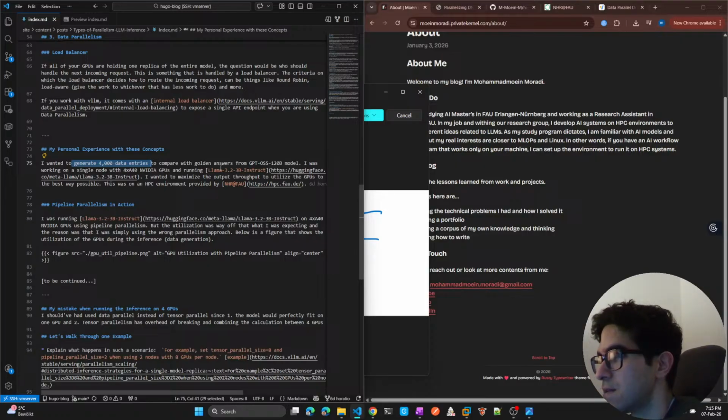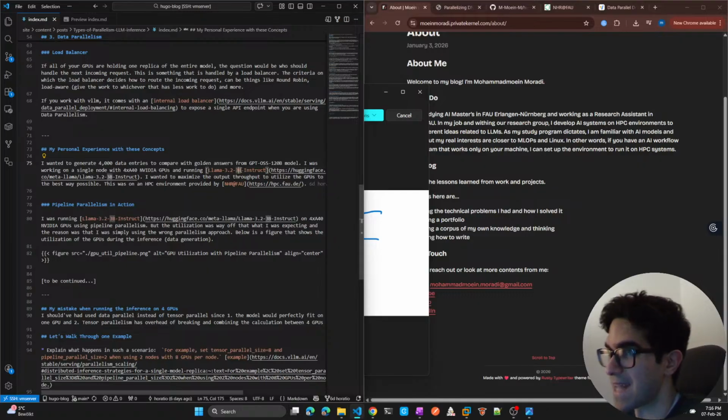Of course, you can't really compare a 3 billion parameter model to 120 billion, but I also wanted to do some fine tuning on the Llama 3B.